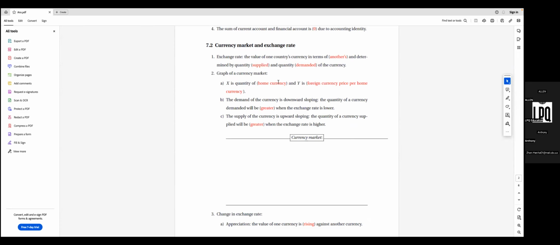So to explain this, let's build something called a currency market. Actually, the question is super easy. We just use our basic supply curve and demand curve model to build this currency market again.